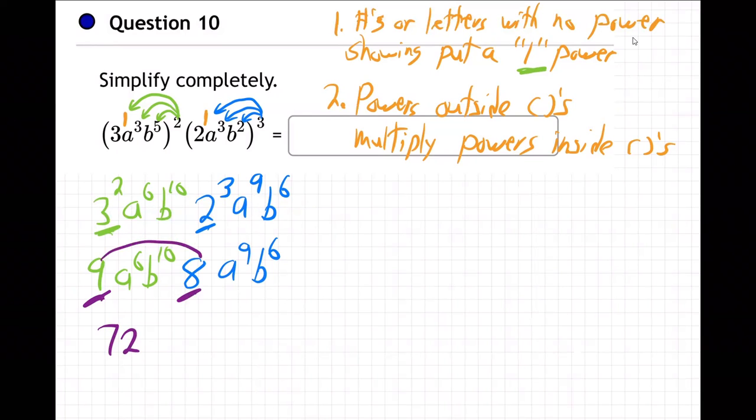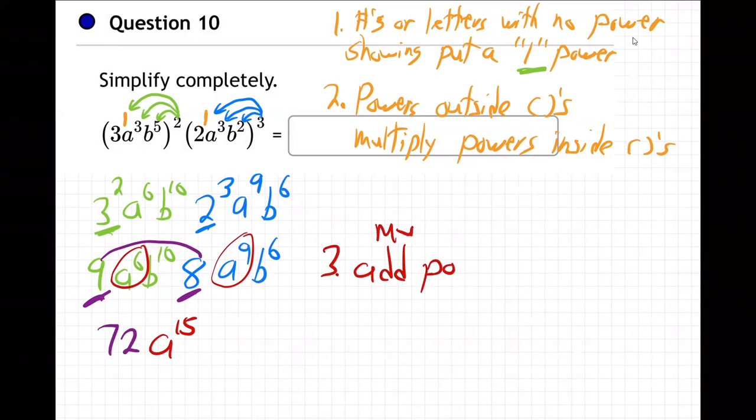And then you add the powers on the same letters. So I'm going to go A to the 6th and A to the 9th. So 6 plus 9, that's going to be 15. Remember, you add powers. Write that down. Maybe that'll be step 3. Add. So you multiply the numbers in front.